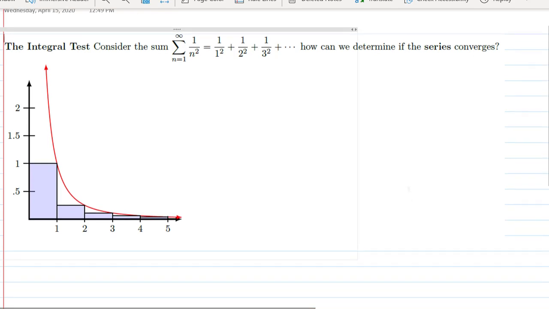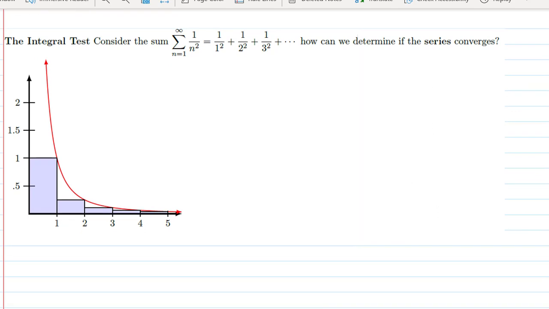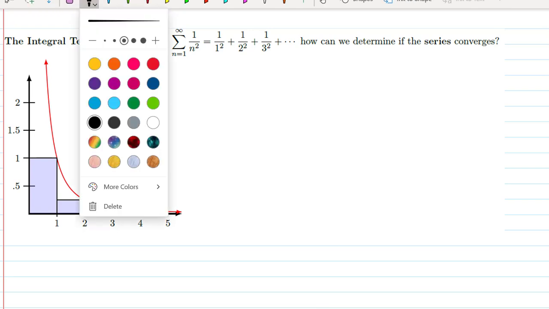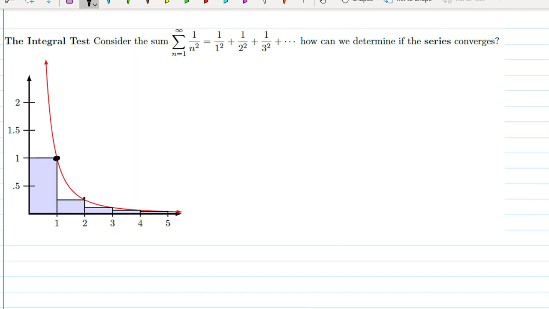Well, if we look at the curve 1 over x squared, the curve here in red, we could also look at the Riemann sum, or if we were to use these points here, we'll notice that this first rectangle has area 1 over 1.